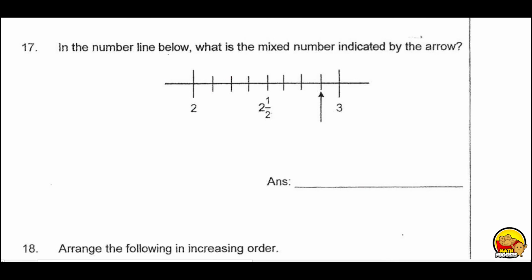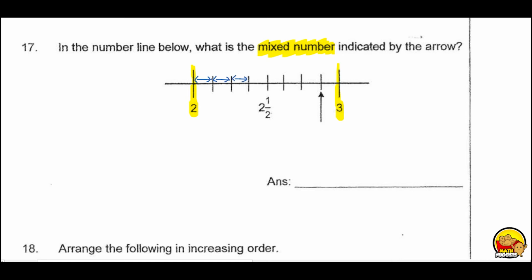Question 17, what is the mixed number indicated by the arrow? So we need a mixed number here. Now let's take a look. You have 2 wholes here. You have 3 wholes here. Let's count the number of parts we have between 2 and 3 wholes.